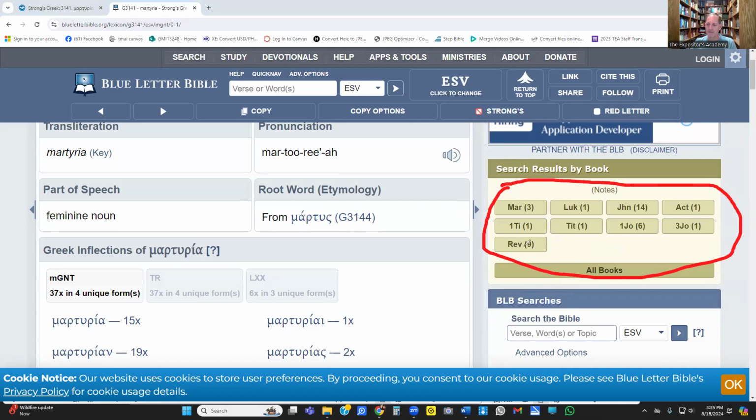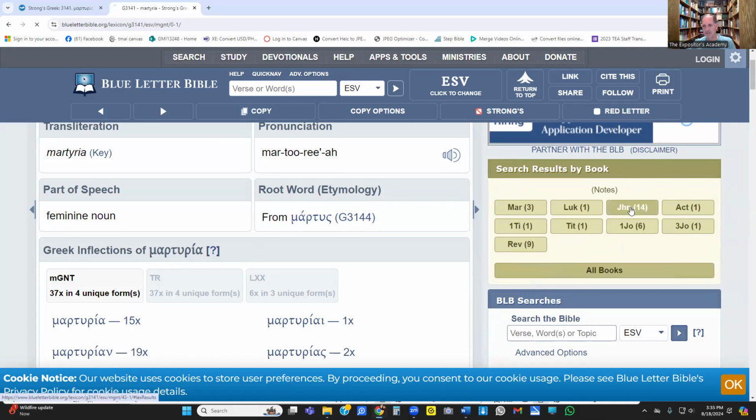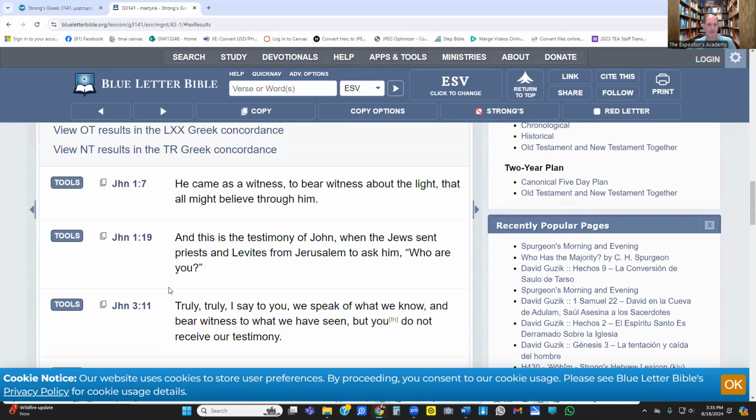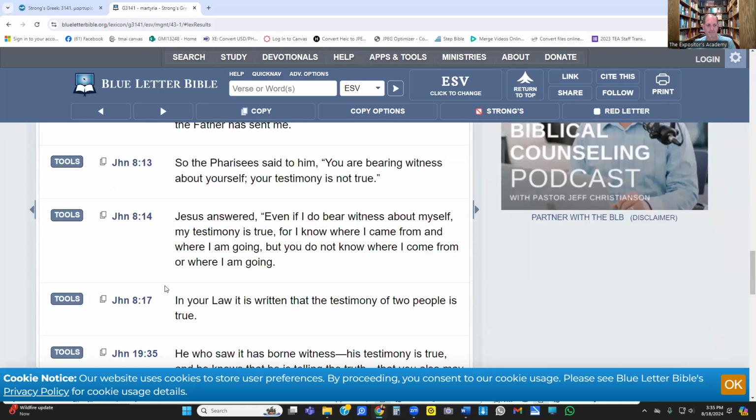So here it's a little bit nicer in Blue Letter Bible. Now, if you want to look up the usages in John, they're all just collected here, or the usages in another book from the author John. Okay, so in that case, if that's what I want to do, say, okay, I want to look up the other usages in the Gospel of John, I can just click John there, and it gives me all the other usages in John.